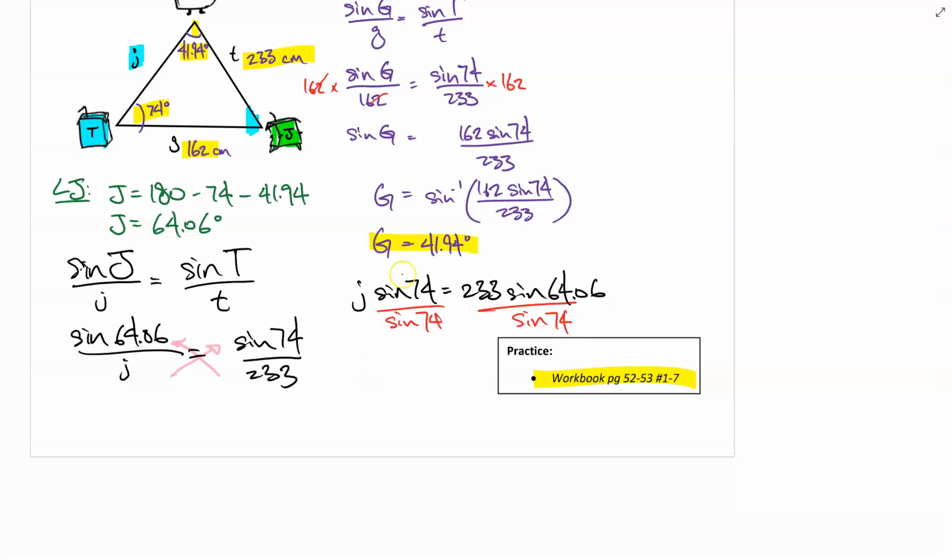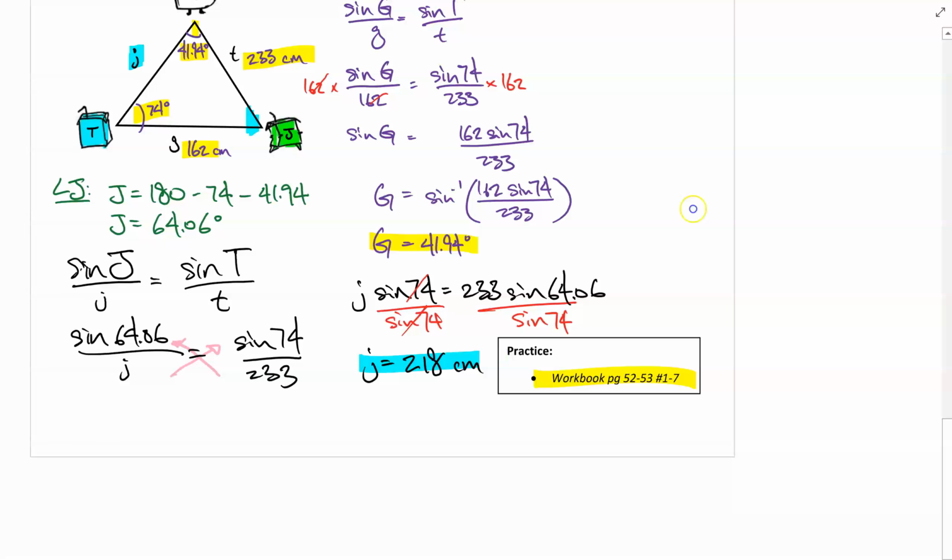And you get j is equal to 217.9696, which we're going to round to 218. 218 centimeters is lowercase j.